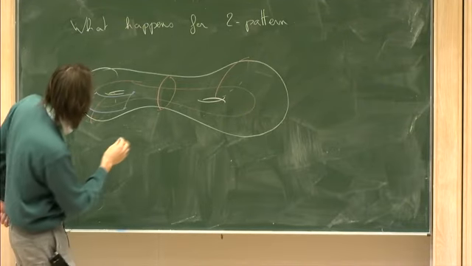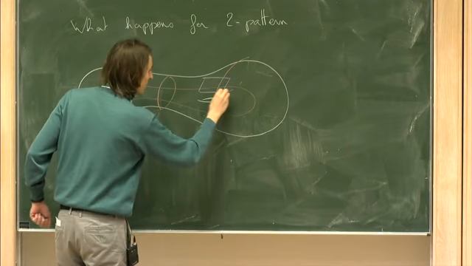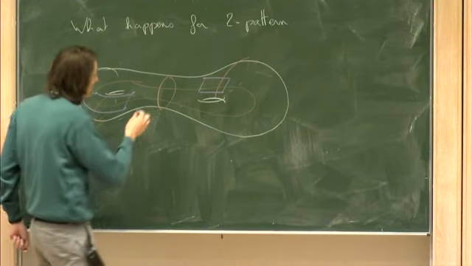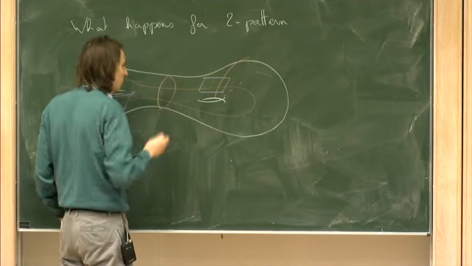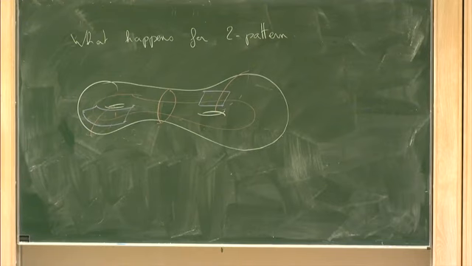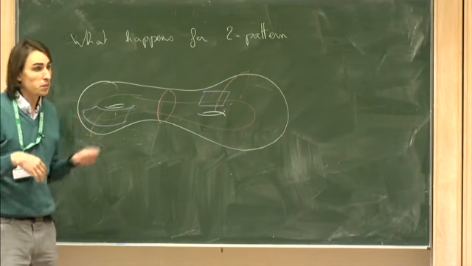I'm not very good at drawing it, but each intersection is going to give us a square. And so in this case we can see that we have a bound which is given by the Euler characteristic of the surface.